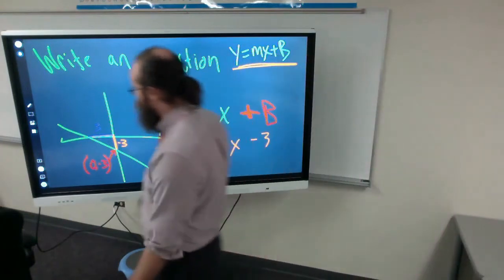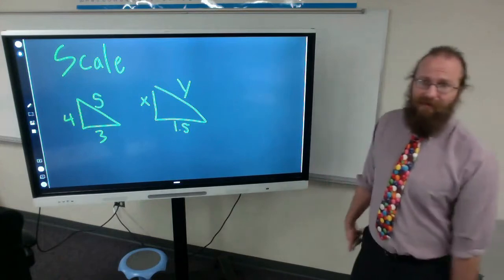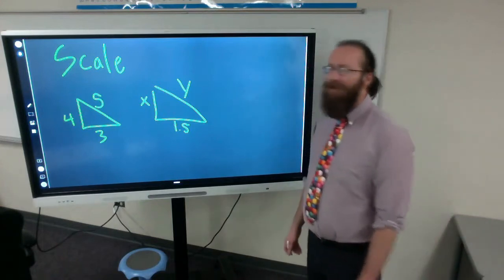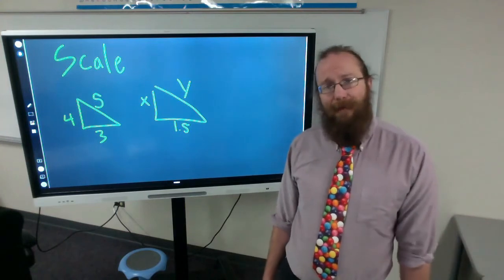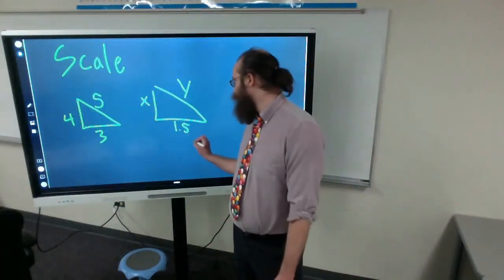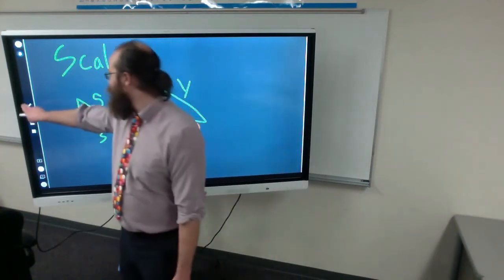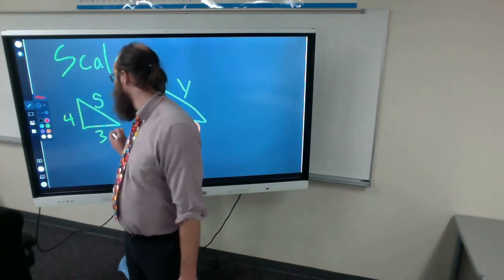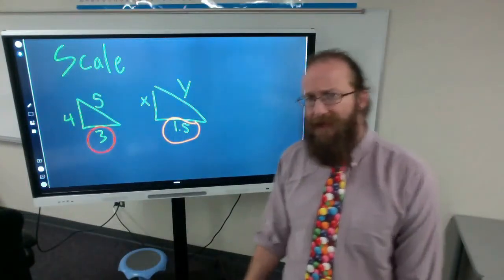Moving on to scale. So scale is a common number that we multiply by to get from one shape to the other. How we figure out this scale is we create a proportion. We put wherever we're going to over wherever we're coming from. So we have two corresponding sides here, right?